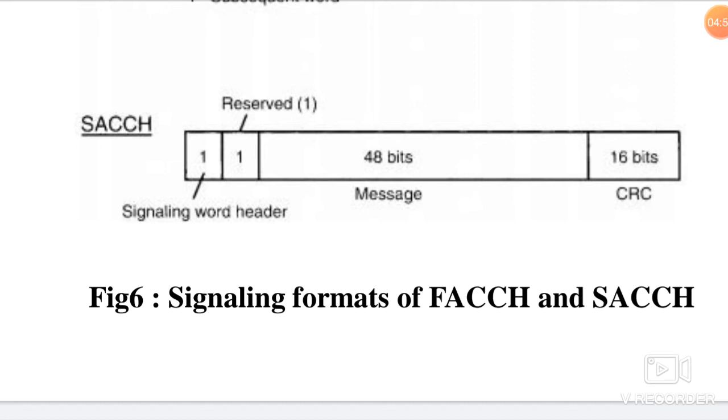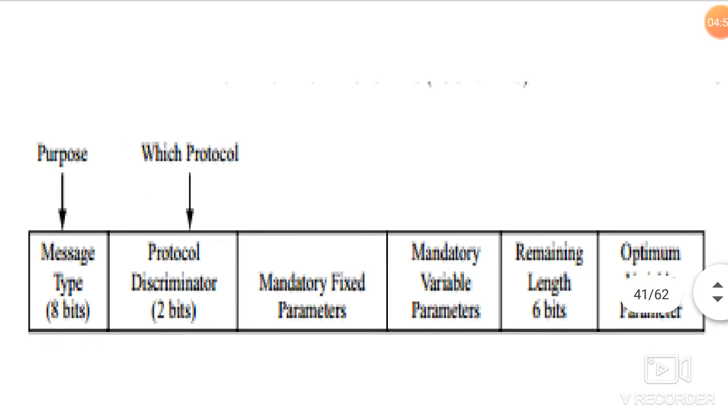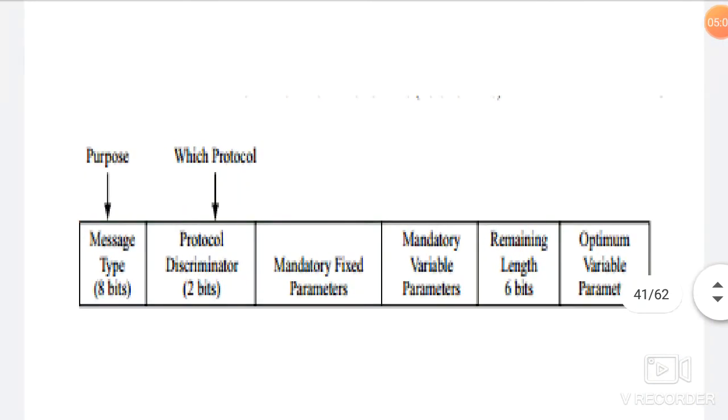And this message structure contains about five things to be carried. The first one is the application message header, which you can see at the first place.